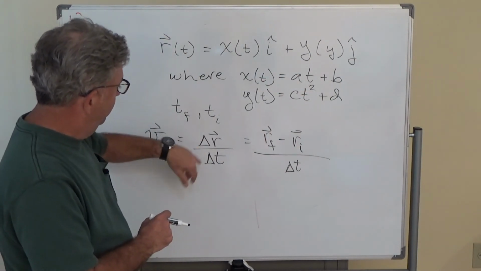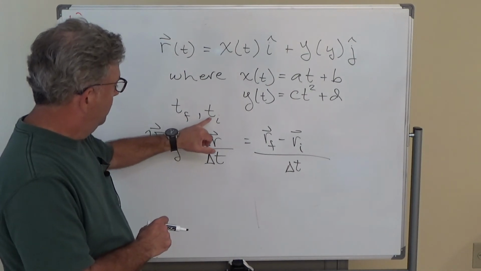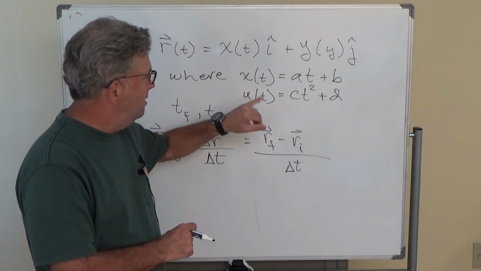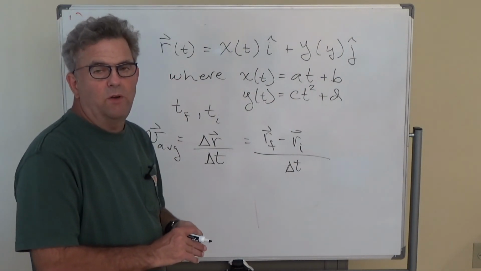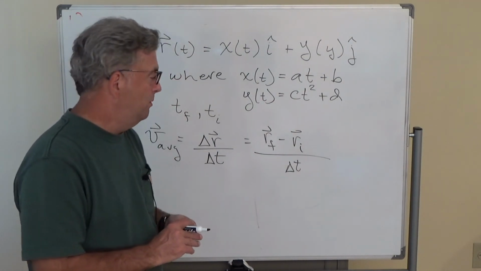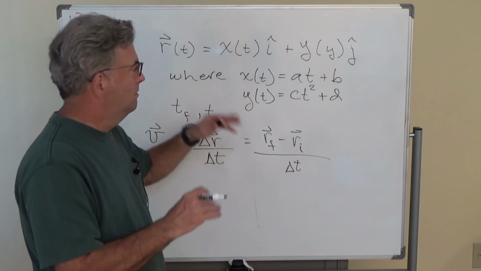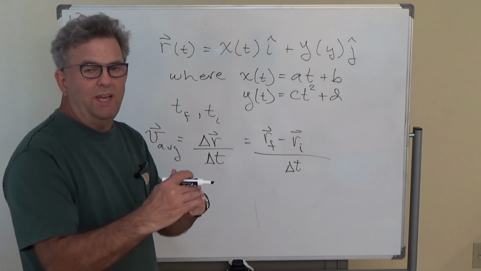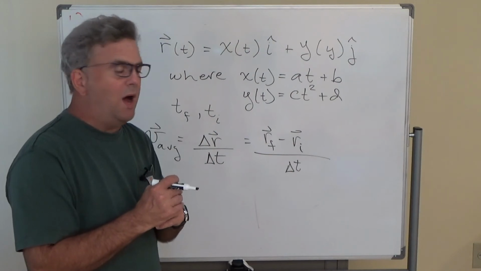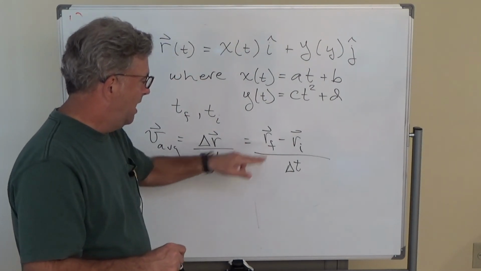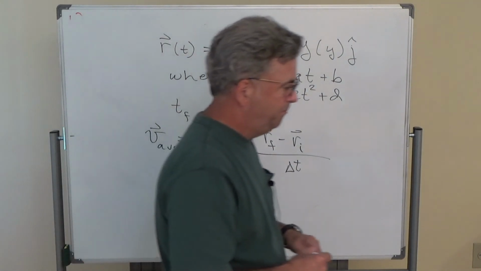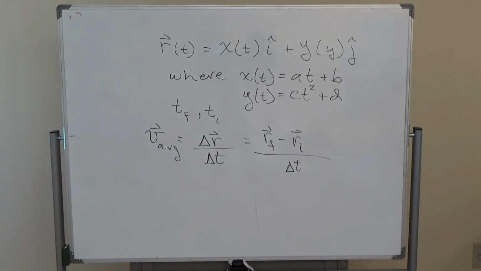To find r initial, you plug in t initial and find values for r based on that time. That's r initial. Take the difference in the x components and the difference in the y components, and calculate delta r. So that's part A.